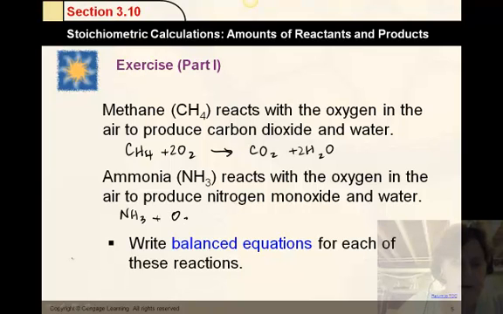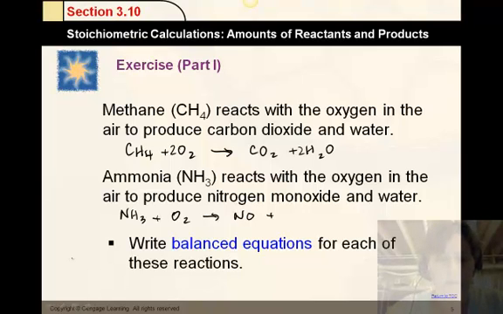NH3, O2 again, produces nitrogen monoxide. Remember, this is the prefix naming system, and neither have any kind of subscript. So 1 nitrogen and 1 oxygen, and of course, water. Okay, balancing back and forth, I think we'll end up having an odd number of oxygens on one side.